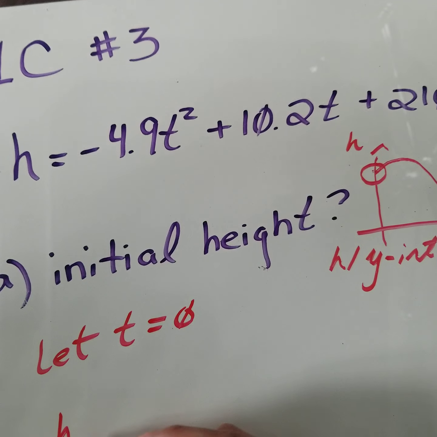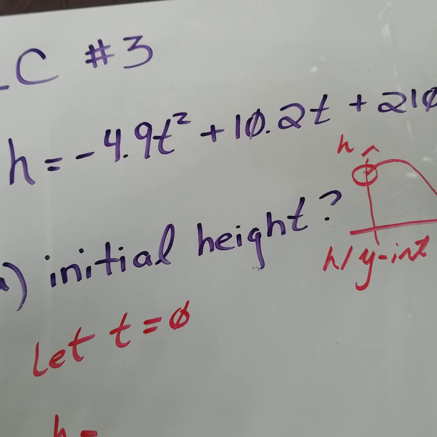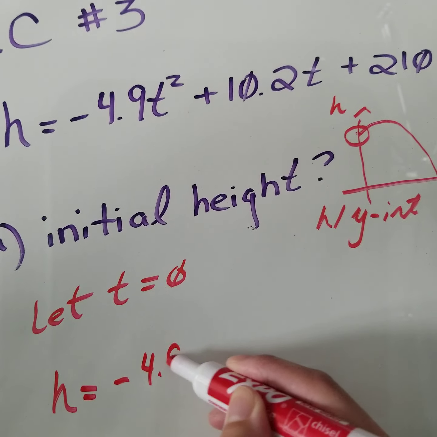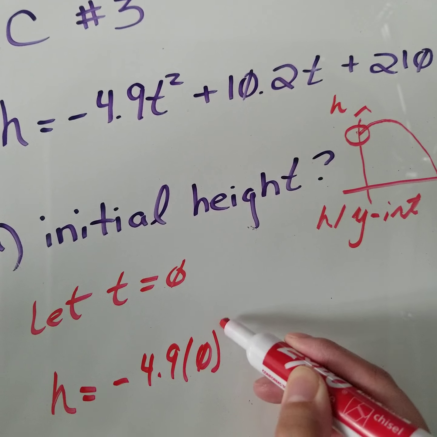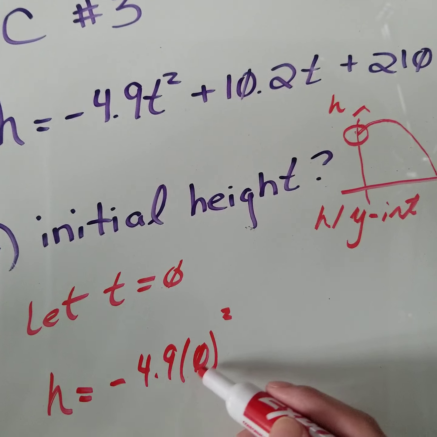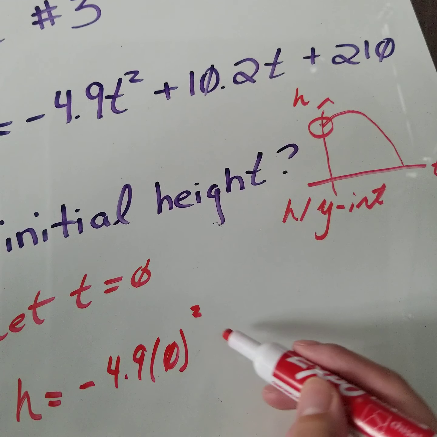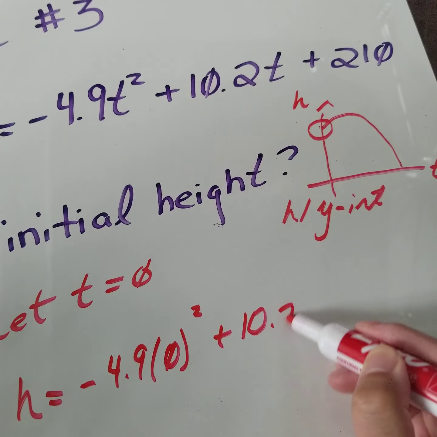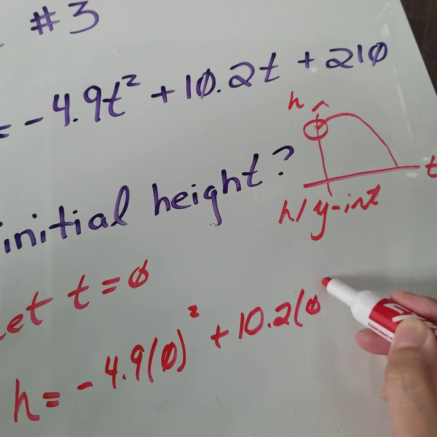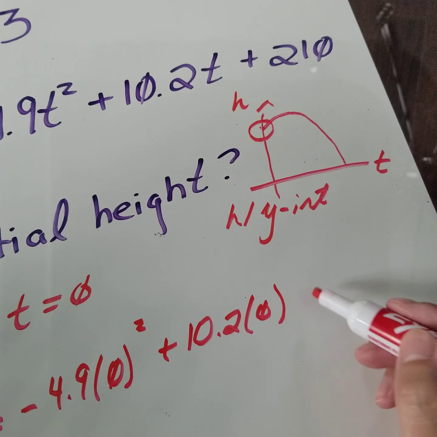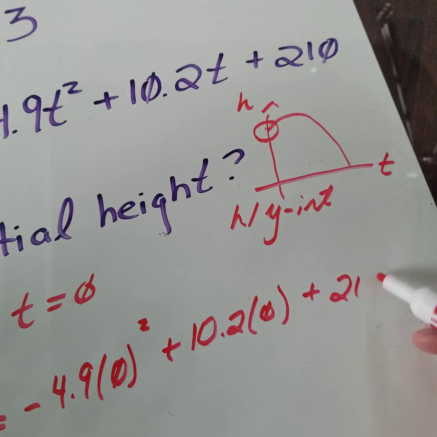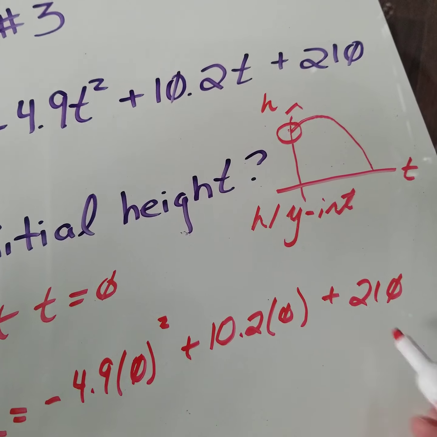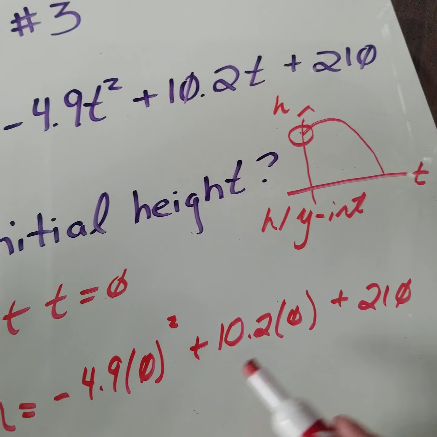So the height, anywhere that I see t, I'm going to replace it with 0. And then algebraically, you've seen this before, the first term, because I'm multiplying by this 0, is going to result in 0. The second term is also being multiplied by 0, so the second term would also be 0. And we're left with this last number at the end that would identify the y-intercept, or the initial height in this case.